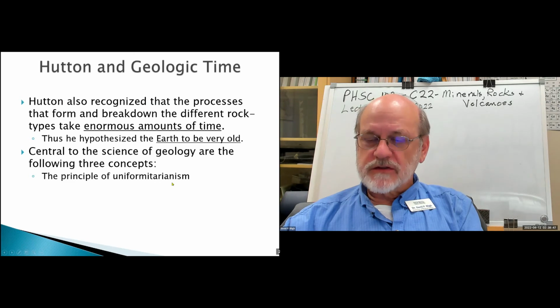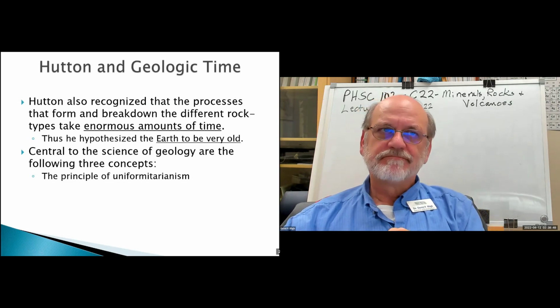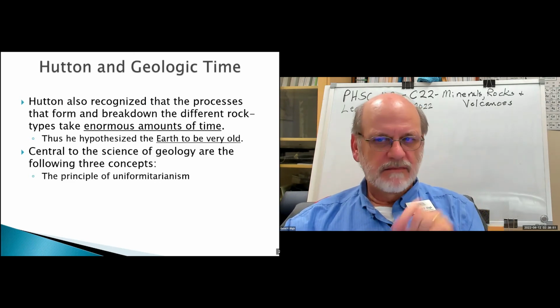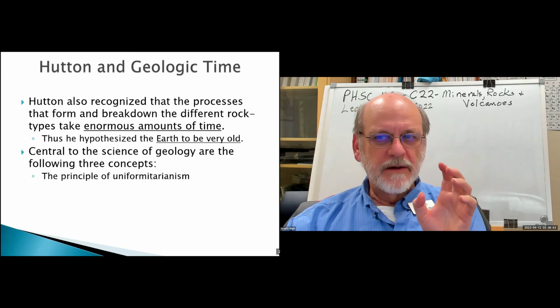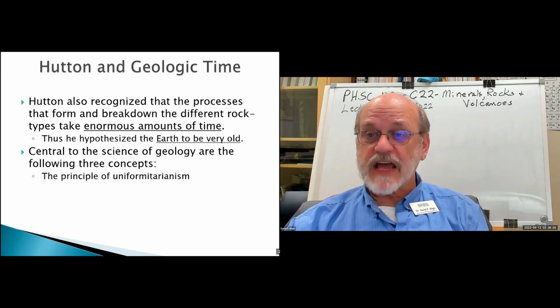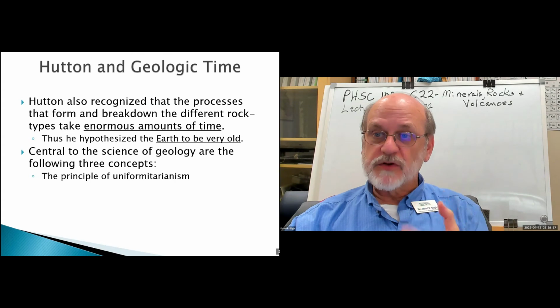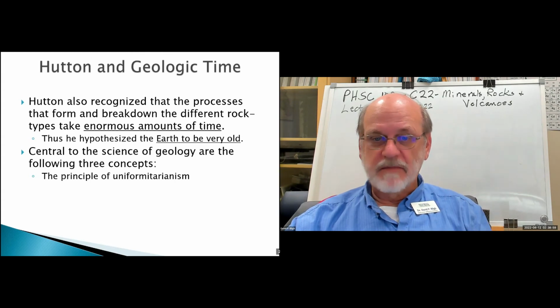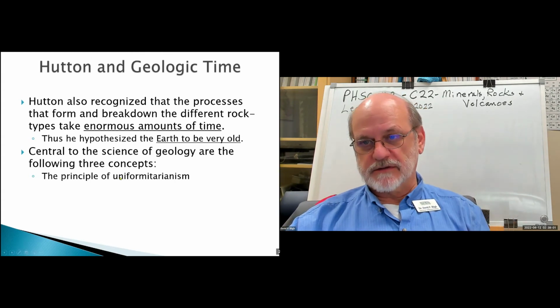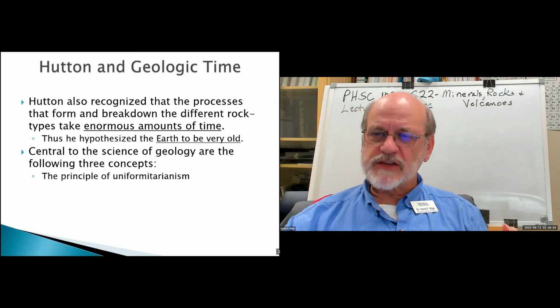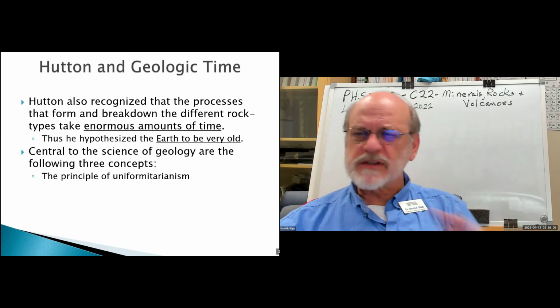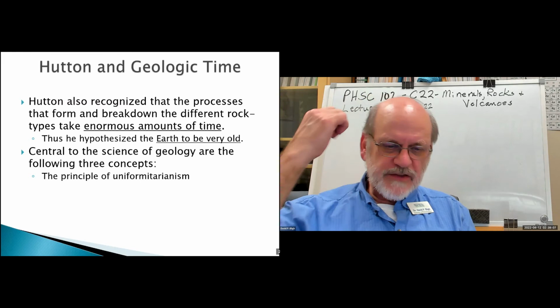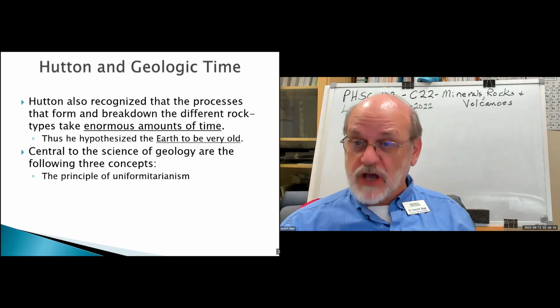They reject catastrophism almost completely, not all the way, because there are certain types of catastrophes that can produce different rock forms, right? Meteor strikes, for instance. When a meteor strikes the ground, it has enormous amounts of energy. So when it hits the ground and stops, where does that energy go?